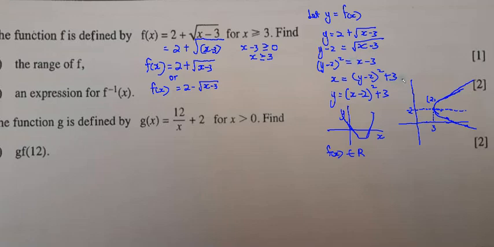So at this stage, you already make x the subject. Therefore, the x becomes the inverse function, the y becomes the x plus 3. That's it. So this is the inverse function.